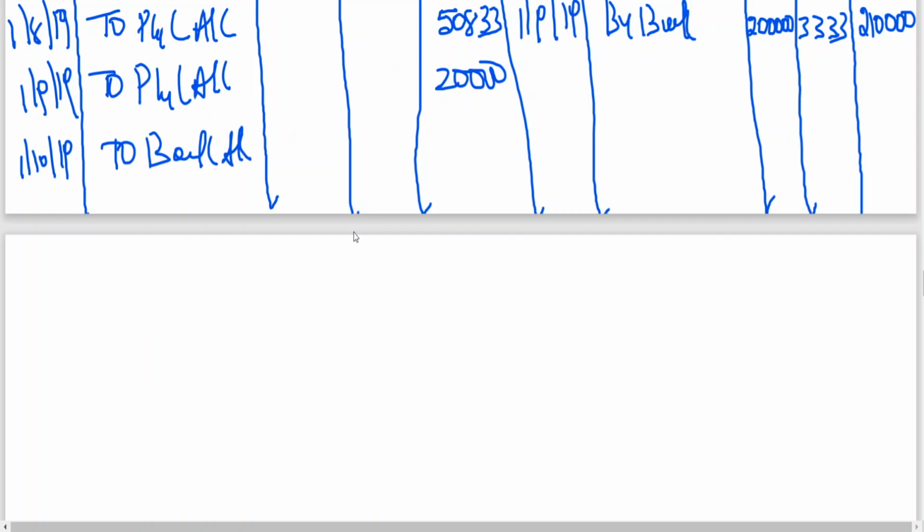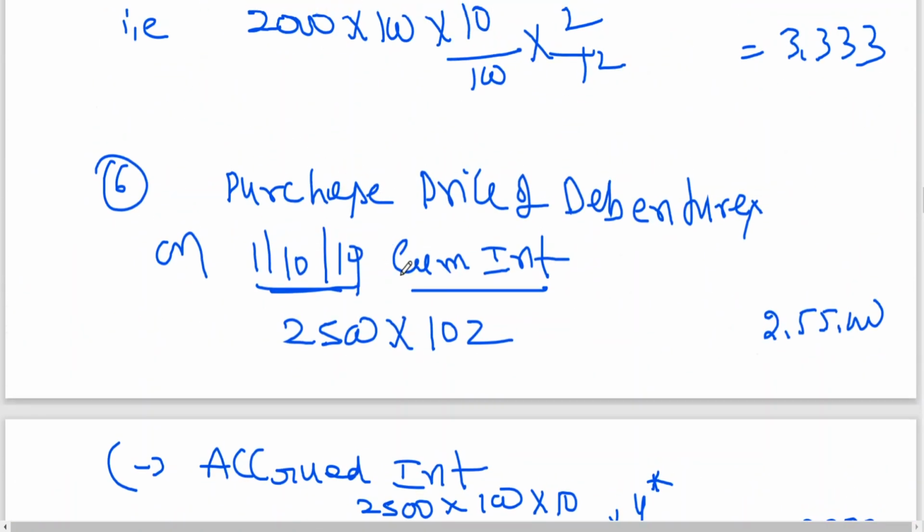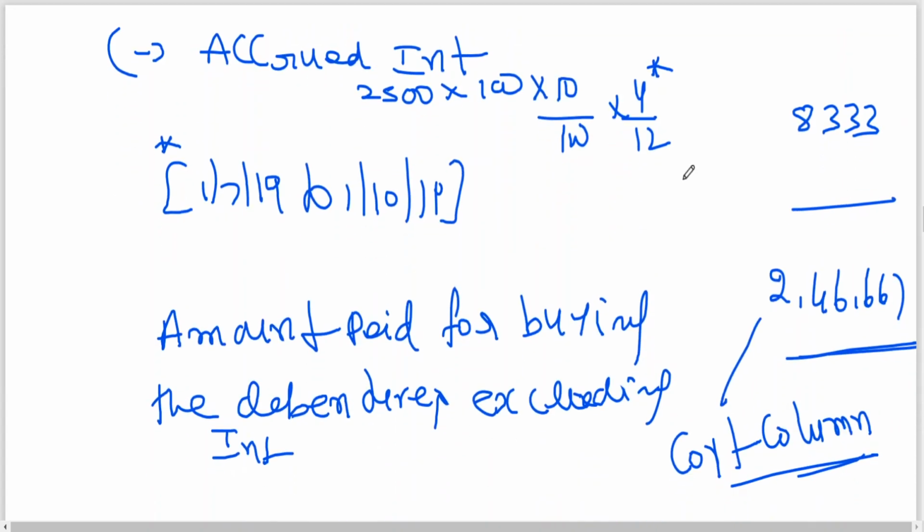To bank account. I think 2,500 debentures purchased. 2,500 into 100. It is coming to 2,50,000. So what is the value interest to be taken is 8,333. Interest is 8,333. And whereas amount to be taken to cost column 2,46,667.